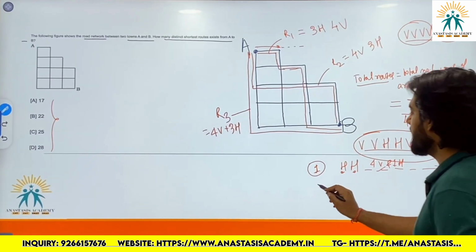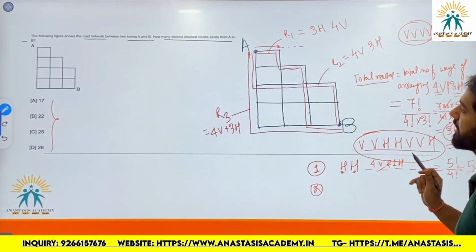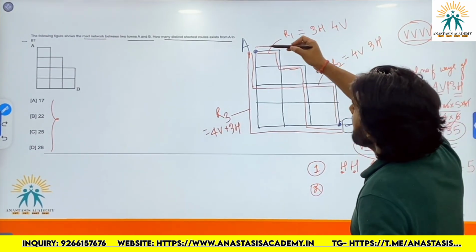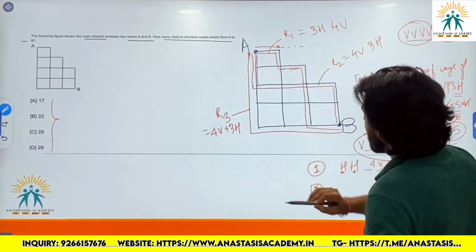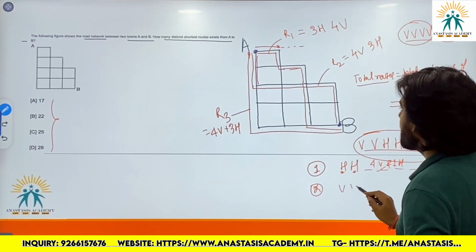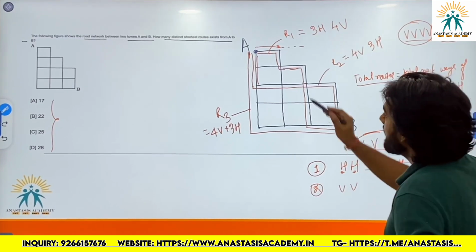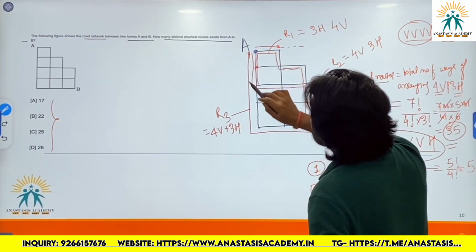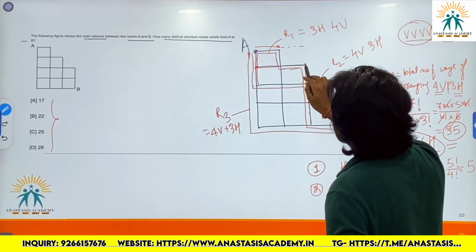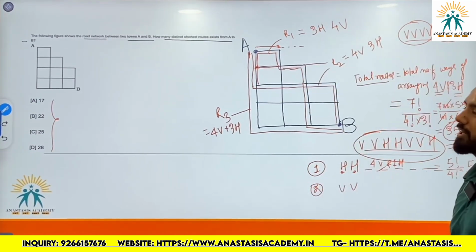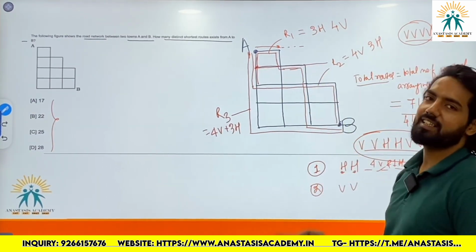The second type of route that does not exist is when A takes 1 step in vertical direction and then takes 1, 2, 3 steps in horizontal direction, because there is no horizontal road there.